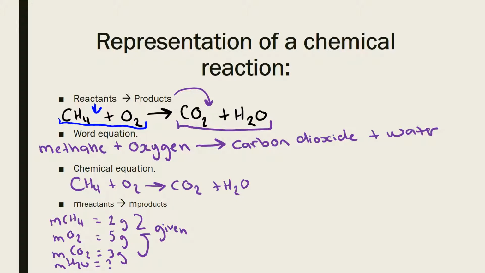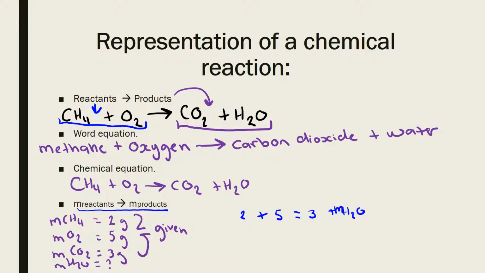Okay. So what do we need to do? You know that the mass of reactants equals the mass of the products. So you've got CH4, which the mass is 2 grams, plus, then actually remove the grams, so 2. And the mass of O2 is 5, equals the mass of carbon dioxide, which is 3, plus the mass of H2O.